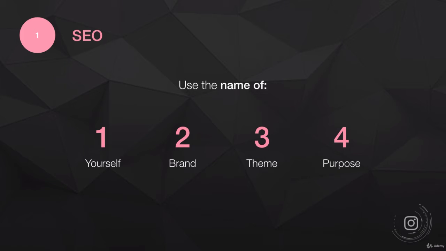We need to just use the name of either ourselves, so Benjamin Wilson for me, or a brand, so it could be Freedom Formula, or it could be Nike, it could be Burger King, whatever it is. Use the name of your brand that you're creating or that you own. If your theme is the core of your account, now remember that each one of these, you're going to have a different core of your account.